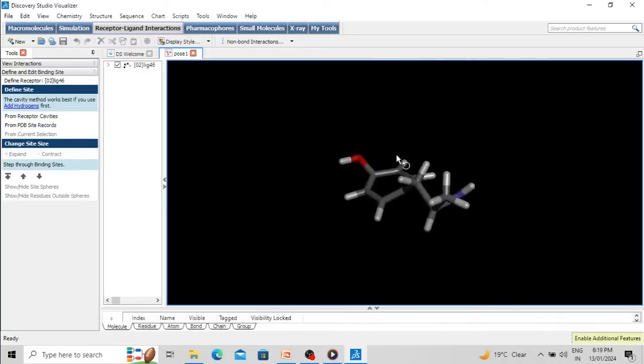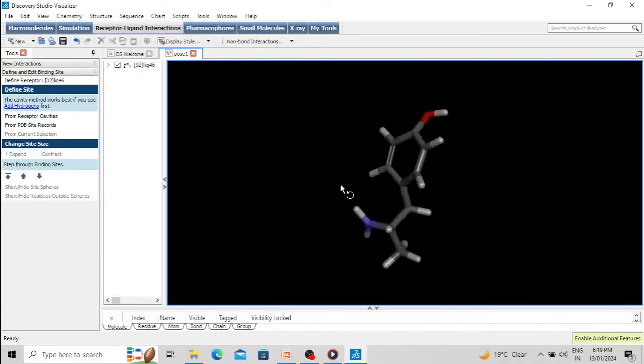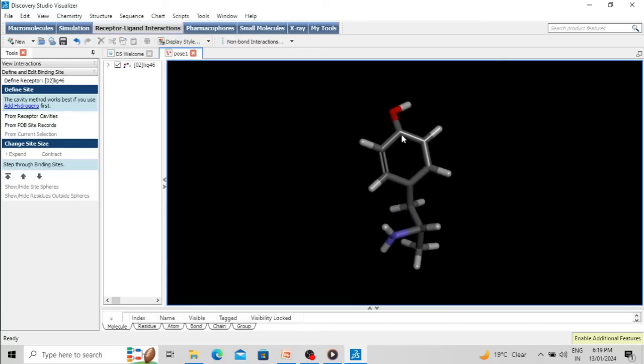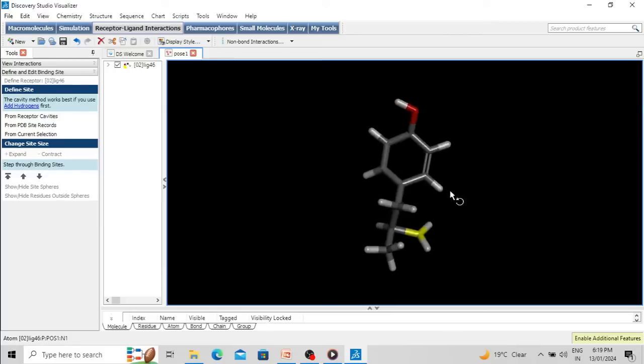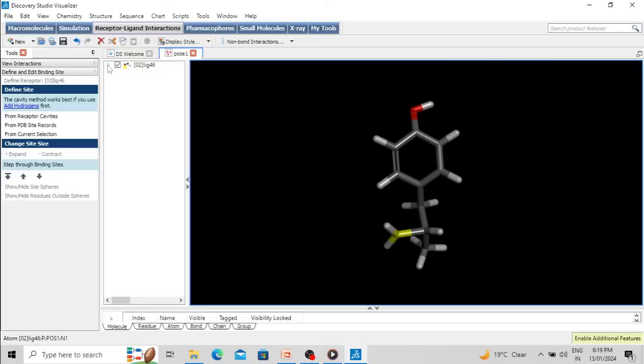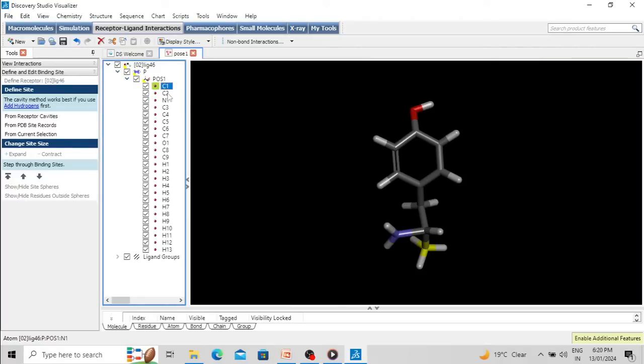So this is one pose, and you know the molecule consists of atoms. Okay, so these are the atoms: carbon, carbon, carbon. This is hydrogen. This is oxygen. This is nitrogen. And on the left side, you can see the component atoms of this molecule: carbon 1, carbon 2, nitrogen, carbon 3, carbon 4.